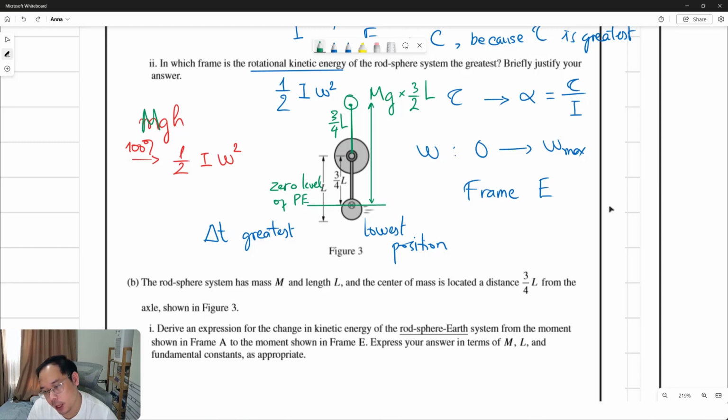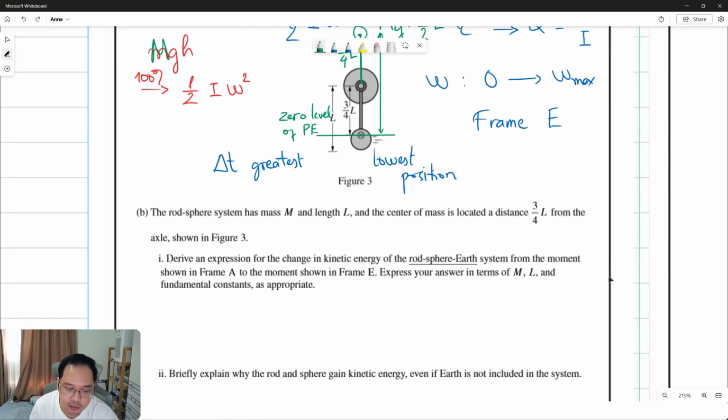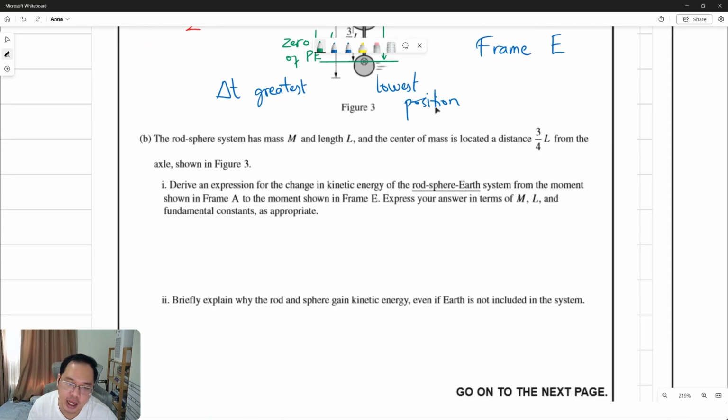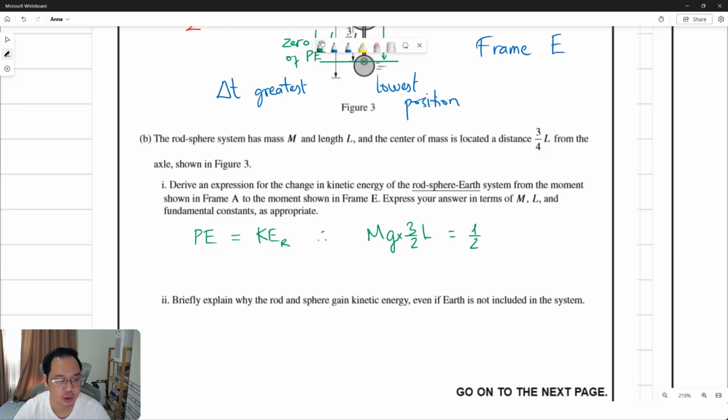Okay, and this amount of potential energy will convert 100% into the rotational kinetic energy. So the initial potential energy will be equal to the maximum rotational kinetic energy, meaning Mg times 3/2 of the length L will be equal to 1/2 of the moment of inertia I times the square of the angular speed.